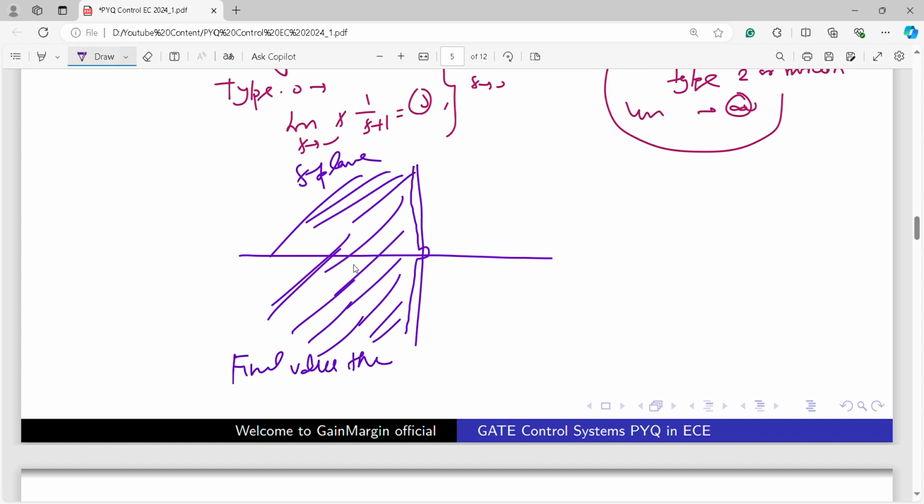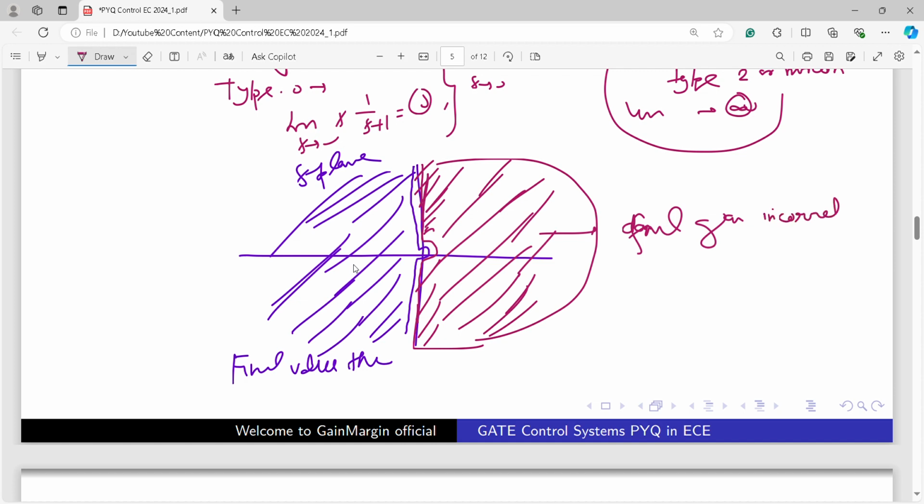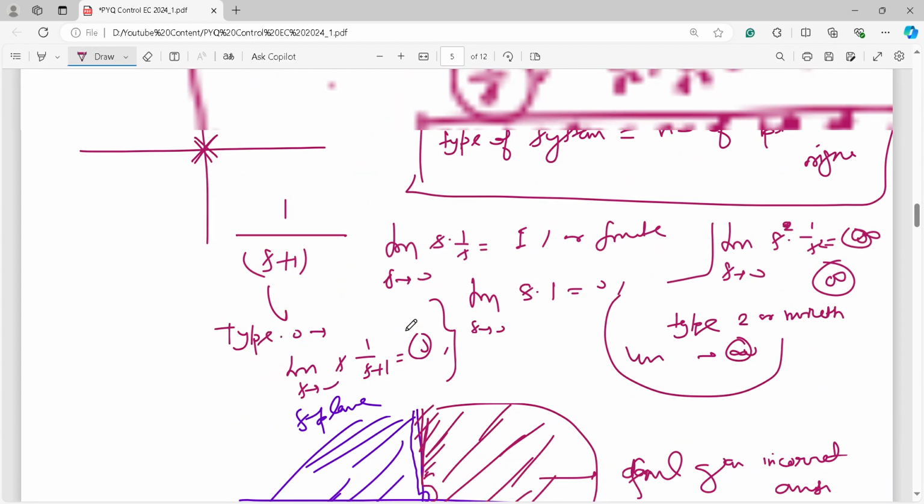And this region, including the j omega axis excluding the origin, okay, we cannot apply the final value theorem because it gives the incorrect answer. Okay, so with this introduction, let's solve our given question.